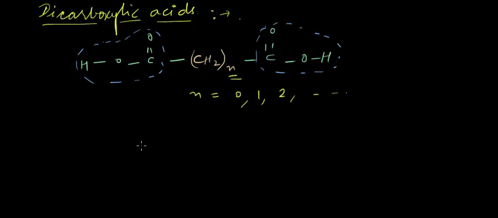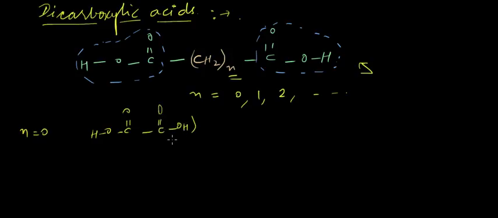Okay, so let us give you some examples of when n varies, what is the common name associated with the resulting dicarboxylic acids. So when n is 0, the structure becomes C double bond O OH and C double bond O OH.